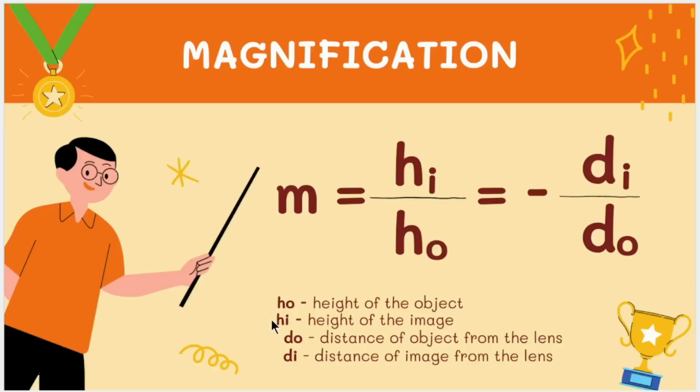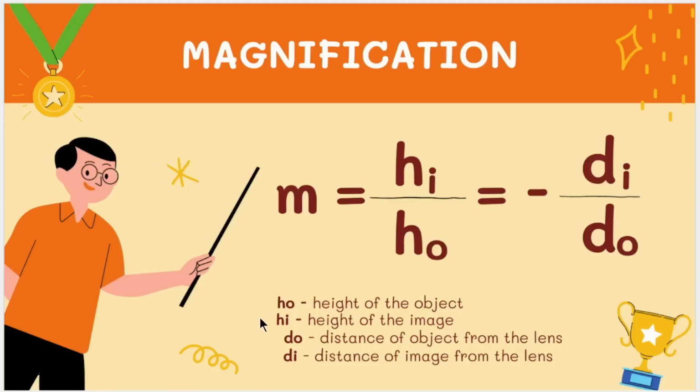So basically, they are the same as that with mirrors. However, we change the term mirrors with lenses. Also, the sign conventions, ang important lang naman dito is for the distance of the image. Again, if the image is real, your distance would be positive. If your image is virtual, then the distance would be negative.